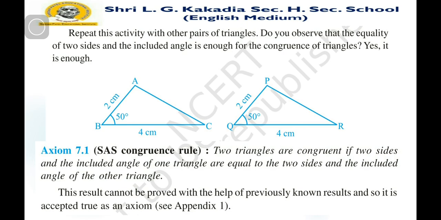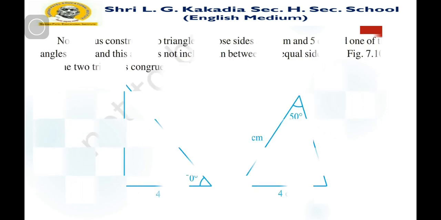So we say that it is Axiom 7.1. We just assume it, and we remember that if we want to prove that two triangles are congruent, then two sides and the included angle of one triangle must be equal to two sides and the included angle of the other triangle.